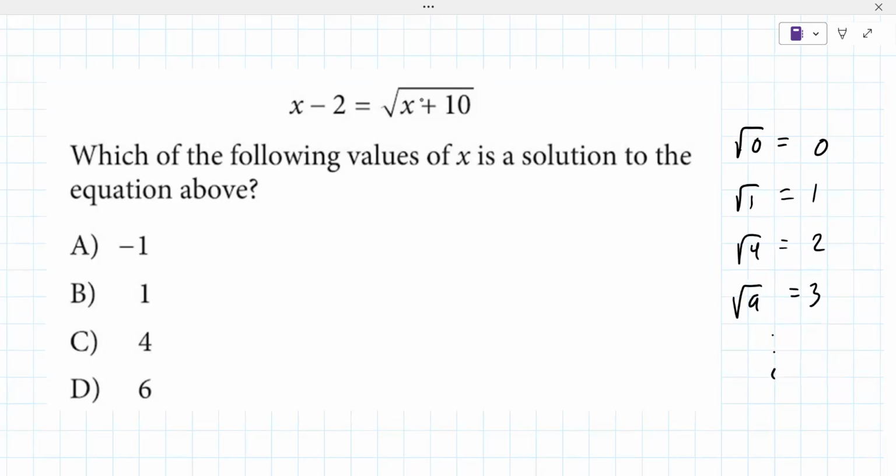So it's not just try the answers, it's try the one you can actually take the square root of. I know you can take the square root of 1, but you're putting 1 in for x, so it becomes 1 plus 10, and I don't know the square root of 11. It has to be one that works.